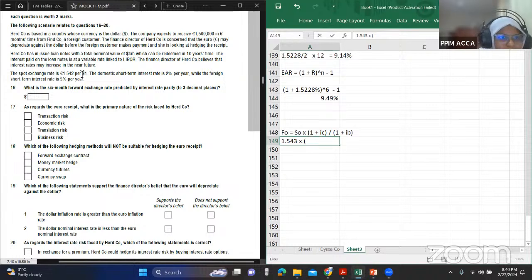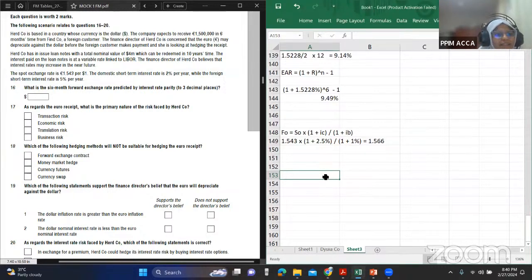The counter currency, they are telling us it is foreign, so it is 5%. But that is for 1 year, we need only 6 months. So 1 plus 5% into 6 over 12 will give you 2.5%, half, okay? Divided by 1 plus the domestic short-term interest rate, which is 2%, so half of 2 is 1%. So we are talking about 1.566. Okay, 1.566.